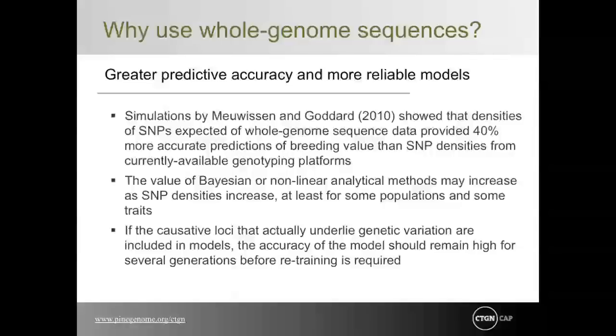One key advantage of using whole genome information is that it is likely to capture the causal variants that actually underlie phenotypic variation, which should mean that the statistical models built from those genotypic data will remain very accurate for several generations.